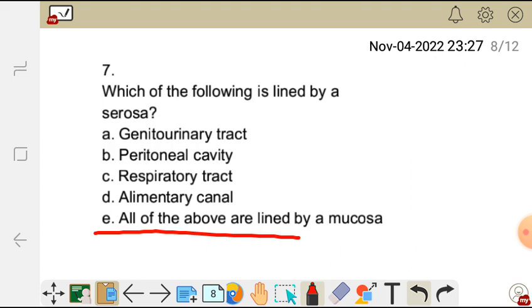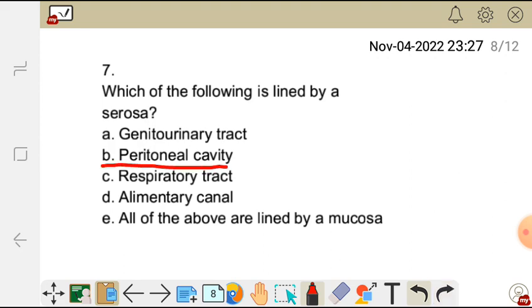So A, the genitourinary tract, is the tract of the genitals. Especially the vagina produces mucus. They are lined by the mucosa.